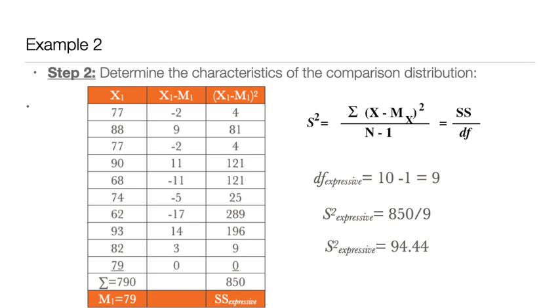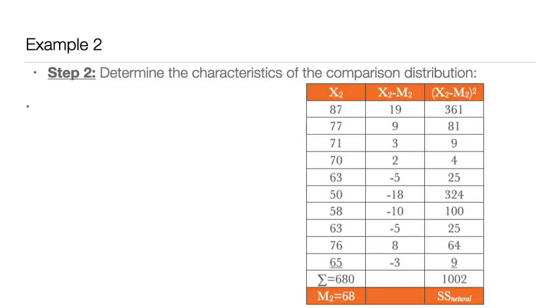Remember, we want those to match up. That's why we label these things, because we're always going to use the degrees of freedom that goes with the sums of squared that has the same name. So we get our estimated variance of the population based on the sample of 850 divided by 9, which gives us 94.44. We're going to do the exact same set of steps independently for the neutral group.